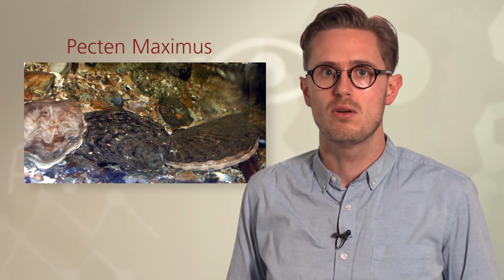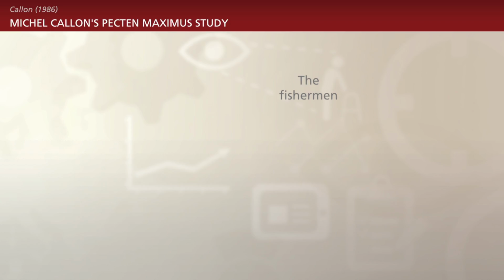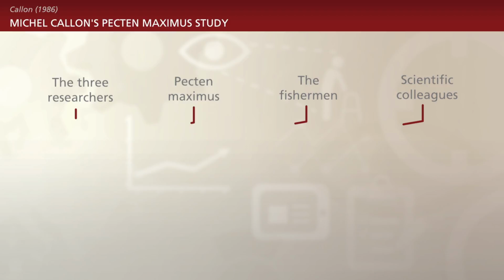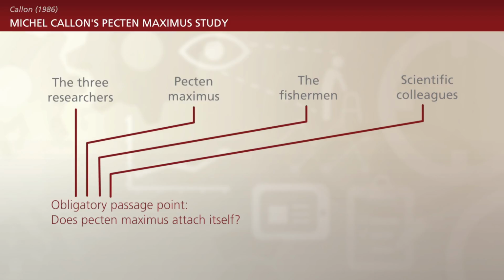Here, the important stakeholders of the project, the fishermen, the scientists, and of course the scallops, were united by a common concern: can scallop larvae anchor on an artificial device? Solving that problem would enable the scientists to publish research papers, the fishermen to fish more, and the scallops to increase their population. Of course, you're not dealing with shellfish or fishermen.